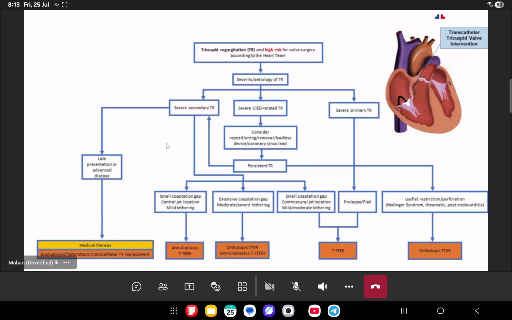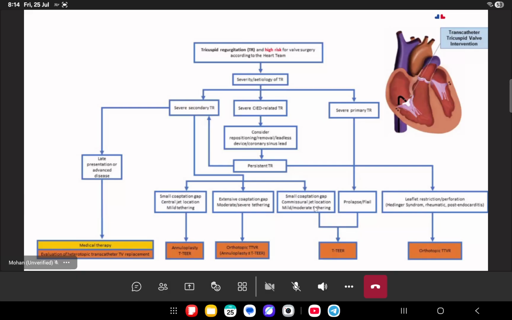Coming to transcatheter interventions, if it is severe secondary or primary TR with late presentation, we'll go towards medical therapy, which no one touches. But if there is severe secondary TR with a small central coaptation gap, then it can be referred to TEER, and with an extensive coaptation gap, then orthotopic transcatheter tricuspid valve replacement.